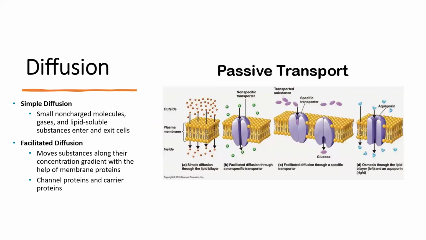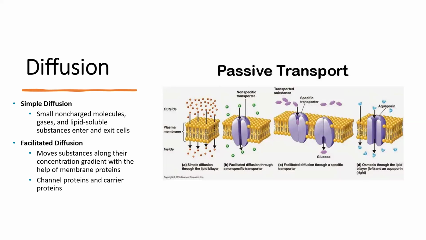And so the things that are going to work for simple diffusion are small non-charged molecules. It's going to be your gases, things that are lipid soluble. They can just go right in and out.